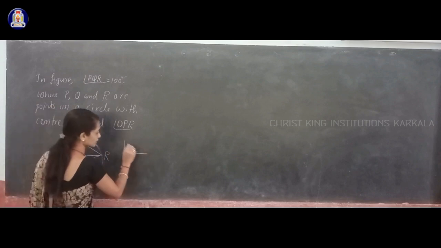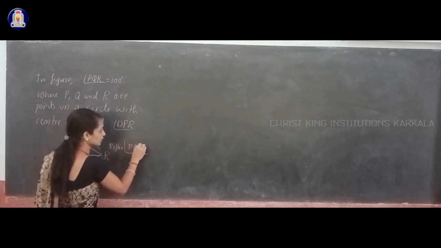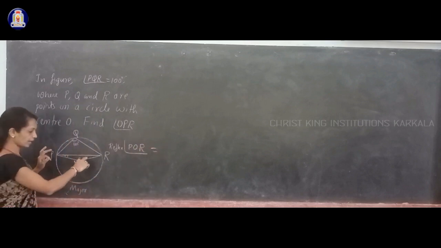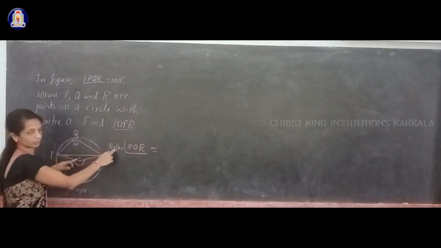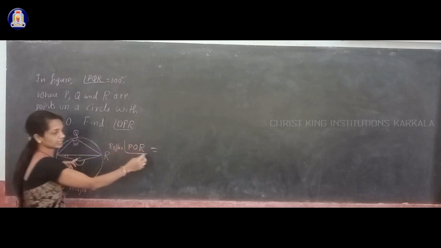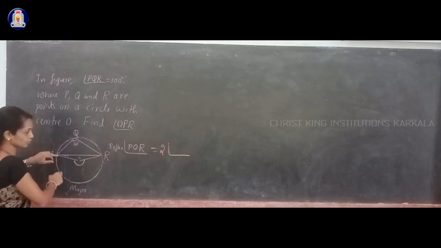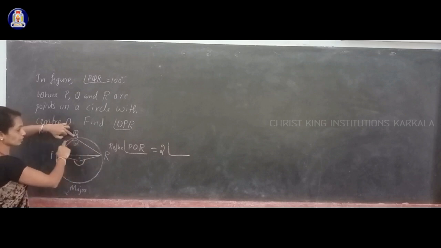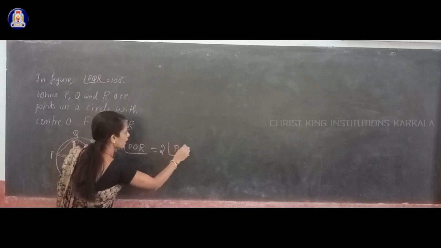So according to theorem number 8, the angle subtended by the major arc at the center, that is reflex angle POR, is 2 times the angle subtended by this major arc at any point Q on the remaining part of the circle, that is 2 times angle PQR.